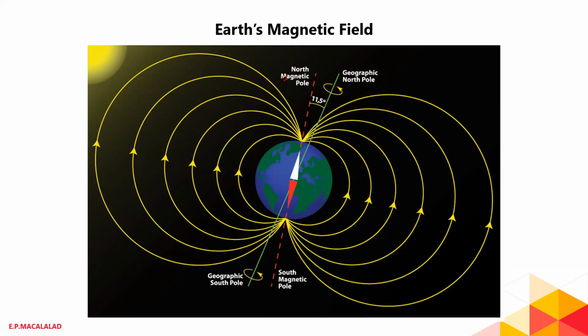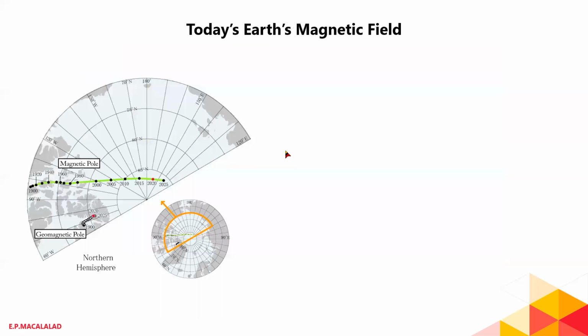So this should be the magnetic south pole, and this should be the magnetic north pole. Okay, so just to give you an idea, what is the magnetic field of the Earth today?